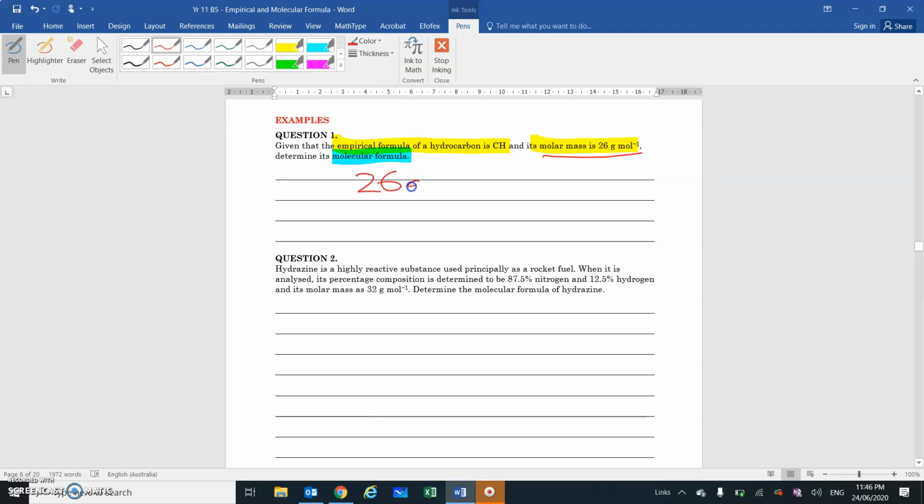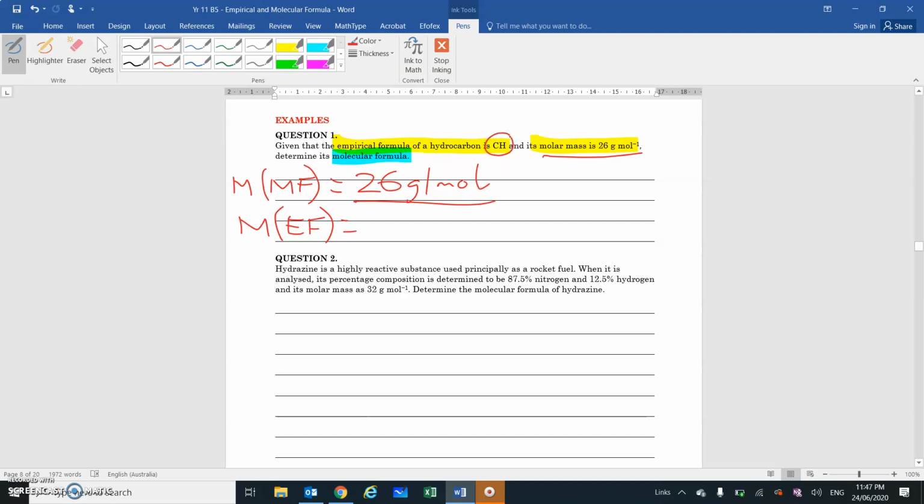That's for the molecular formula. So that's the molar mass of the molecular formula. If we divide that by the molar mass of the empirical formula, it will give us the ratio. Now, how do you know the molar mass of the empirical formula? Because you're told that is the empirical formula.